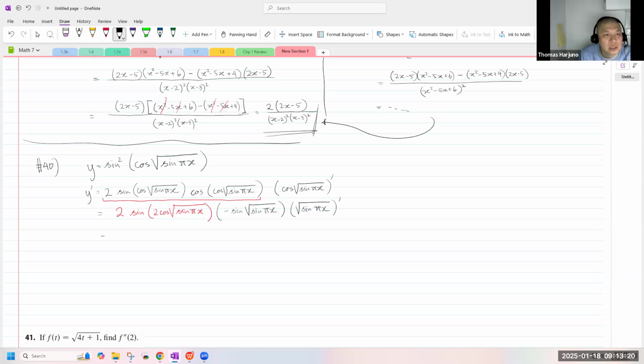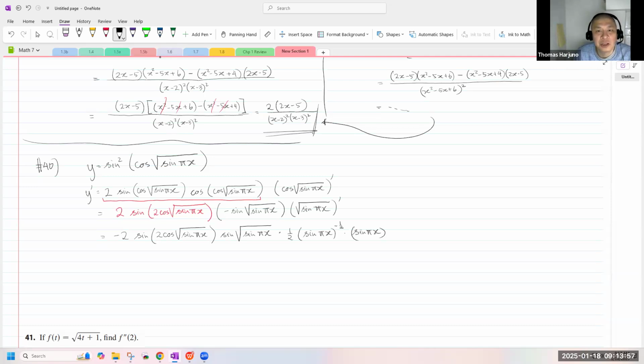Okay, so this is equal to negative 2 sine of 2 cosine square root of sine pi x times sine square root of sine pi x times the derivative of square root, which is 1/2 blah to the power of negative 1/2 times derivative of blah.